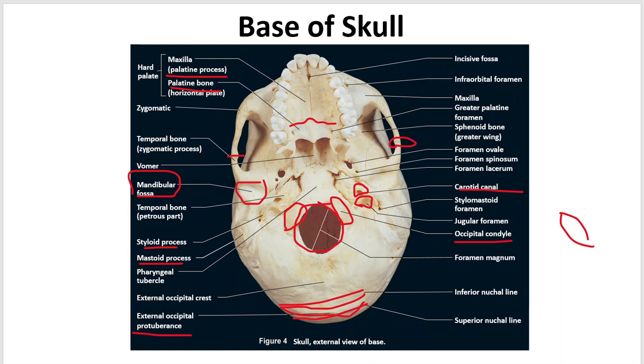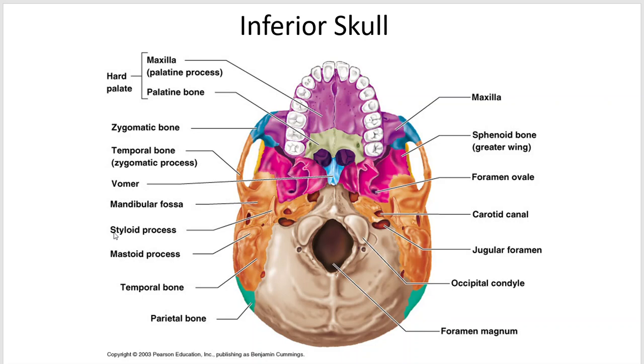Let's look at it on one of the colored slide models. This may be a little bit easier. Yeah. So the nuchal lines are here, superior and inferior. The external occipital protuberance. You can really see the occipital condyles, foramen magnum, carotid canal, jugular foramen.